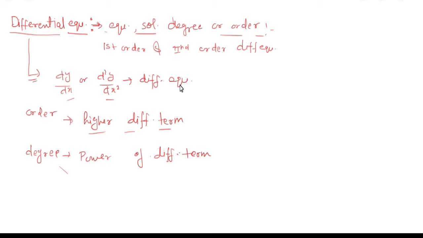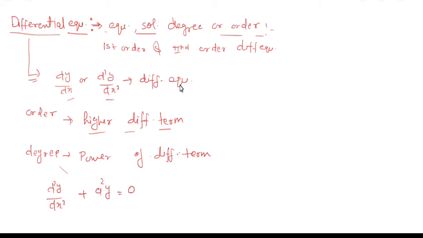So let's see an example. Let you have a differential equation d2y by dx square plus y square equal to 0.